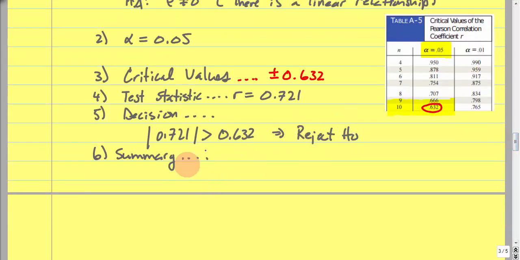So we'd have to say that there is sufficient evidence to support the claim that there is a linear relationship or a linear correlation.